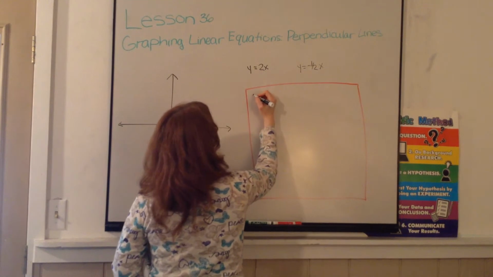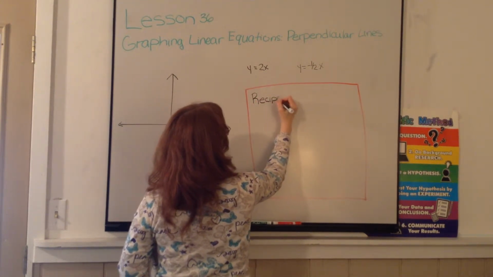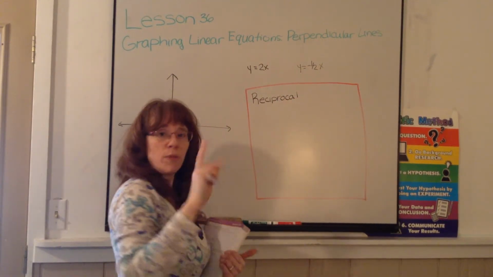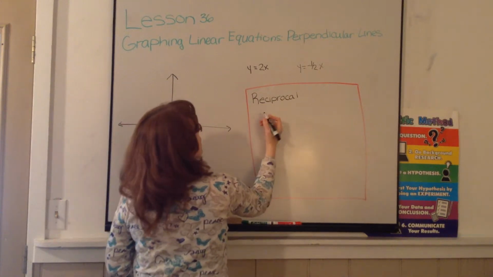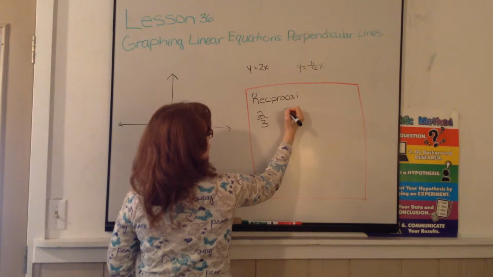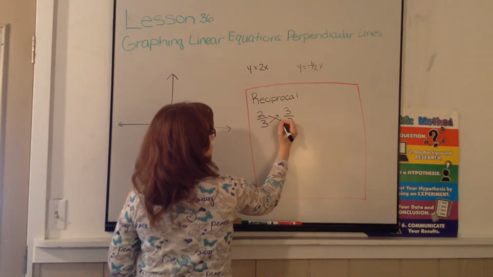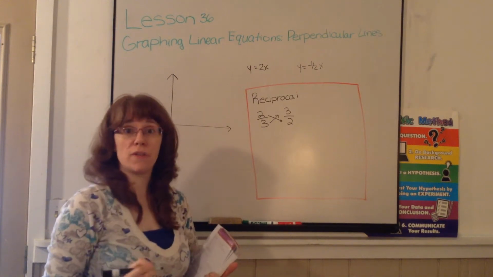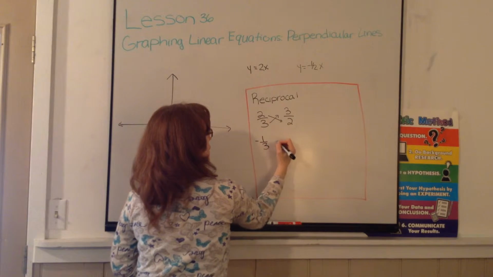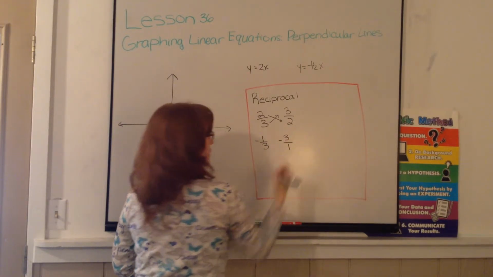So a reciprocal is basically when you flip the numerator and the denominator of a number. So I have 2/3. The reciprocal of 2/3 would be 3/2. We basically just swap their positions. If I have -1/3, it would be -3/1.